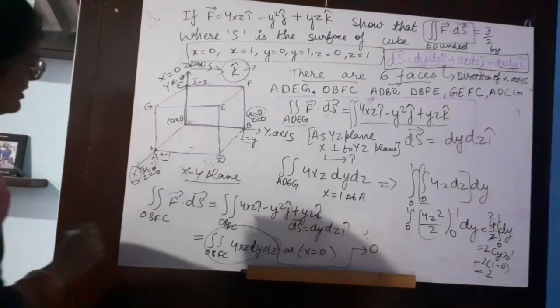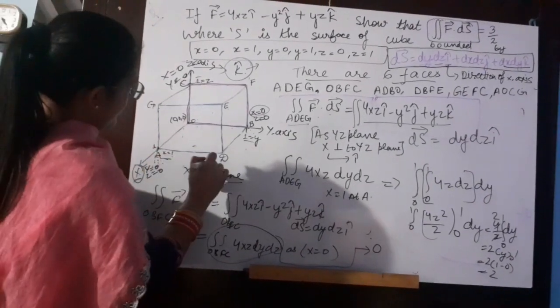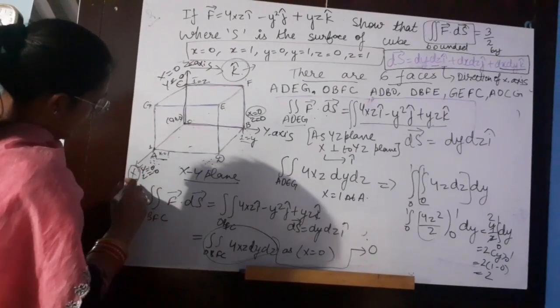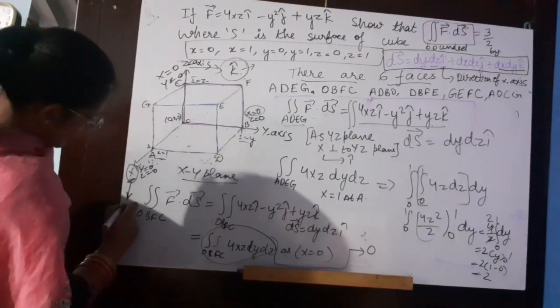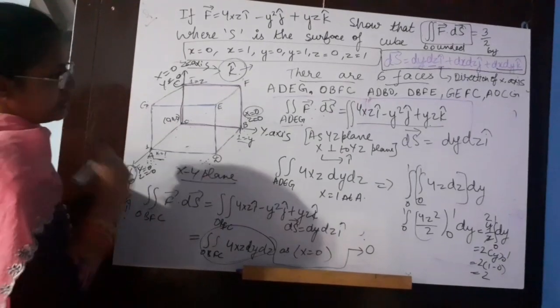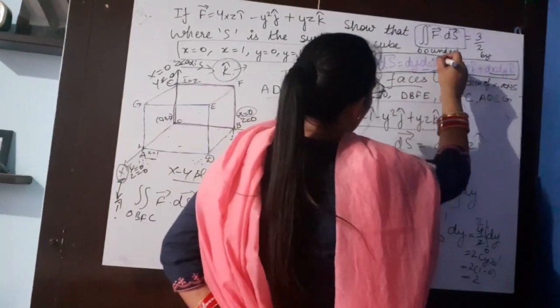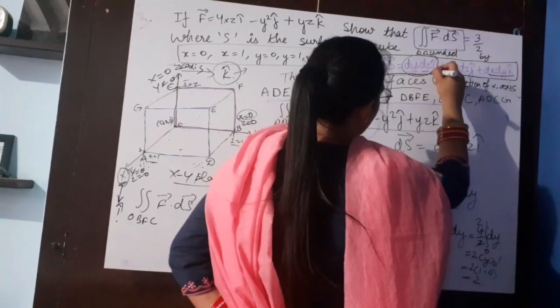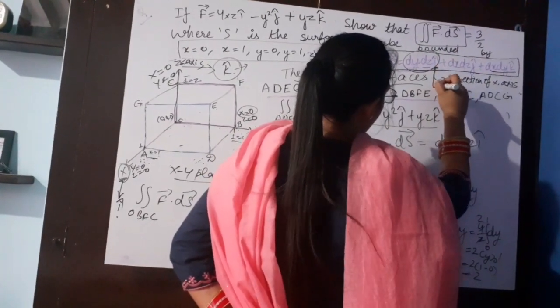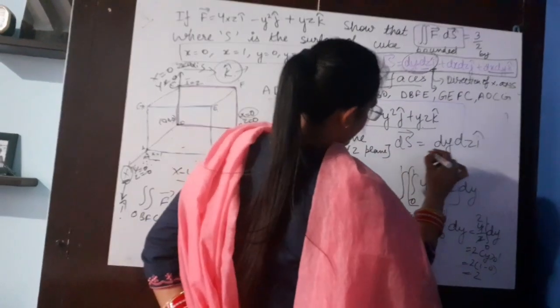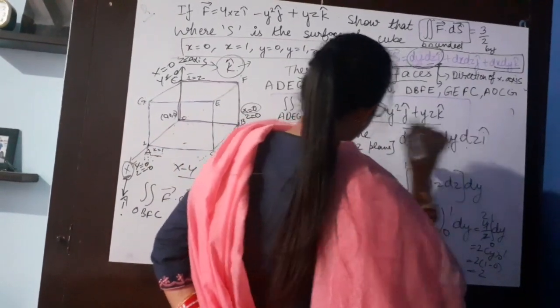This direction of x is perpendicular to this face A, D, E, G. As x is perpendicular, the direction of the x-axis is given by i cap. So we will take from this whole vector only this part, because the direction of the x-axis, which is perpendicular to the yz plane, is given by i cap. So our dS vector is equal to dy dz i cap.